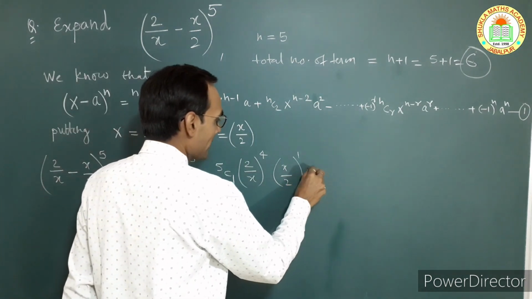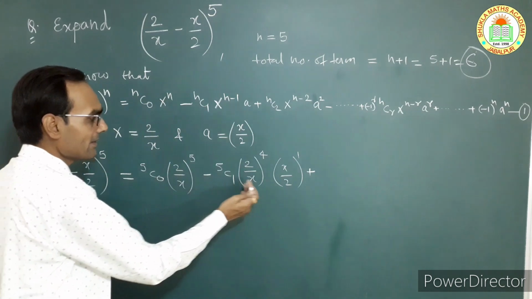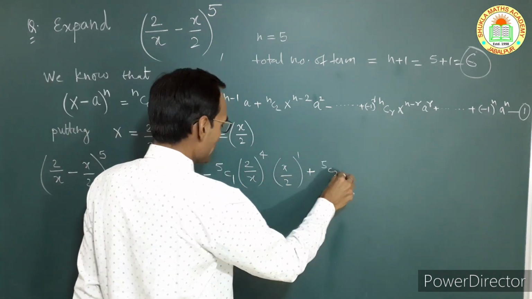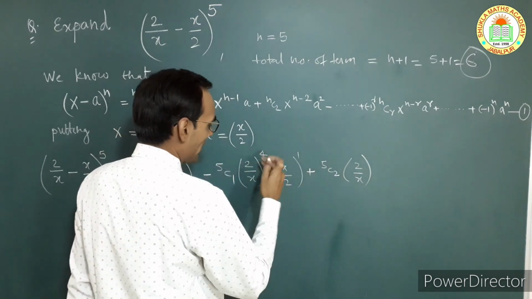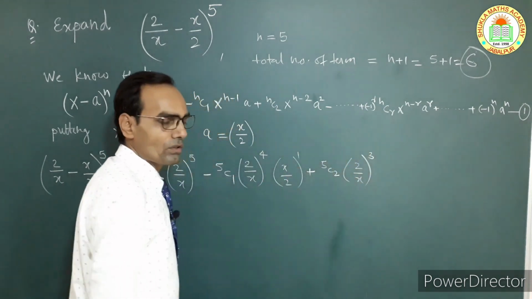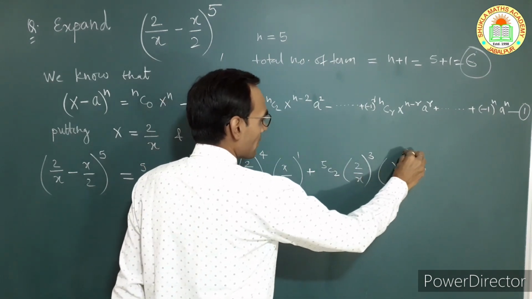Now the next sign is plus, because the signs come alternately plus, minus. Then next plus 5C2 (2/x) raised to 3, because the power of X decreases by 1, and the power of a, x/2, increases by 1, so it becomes 2.